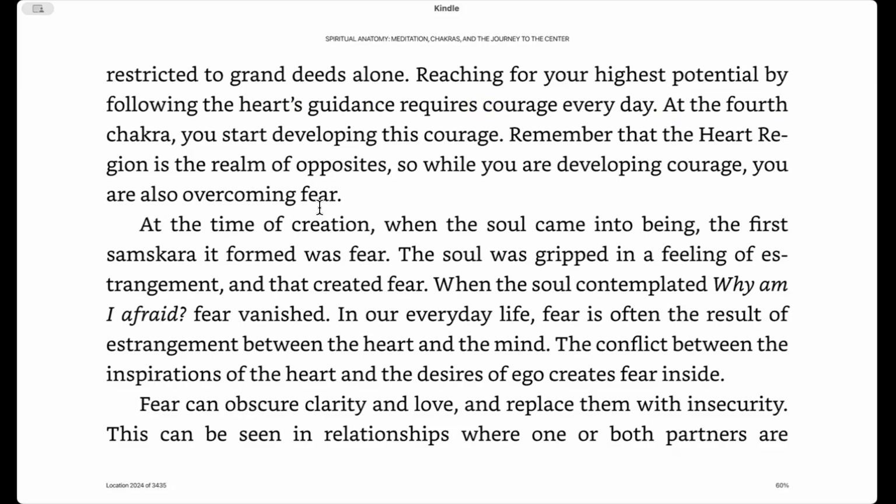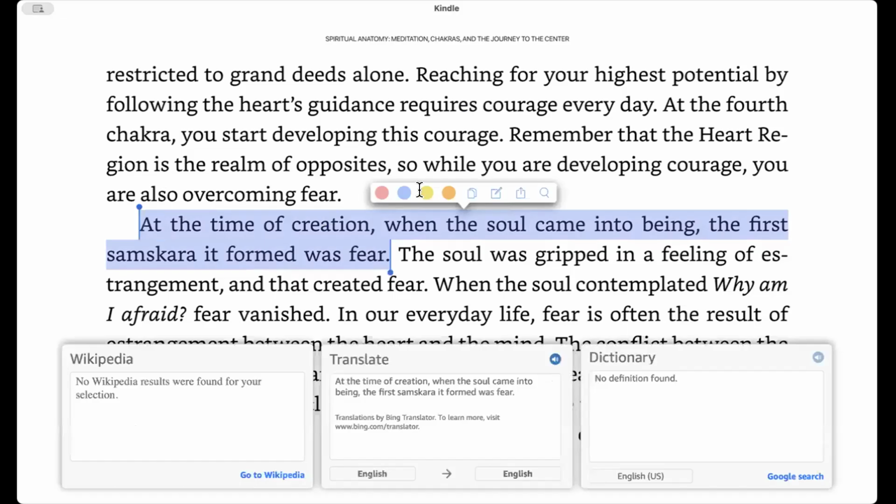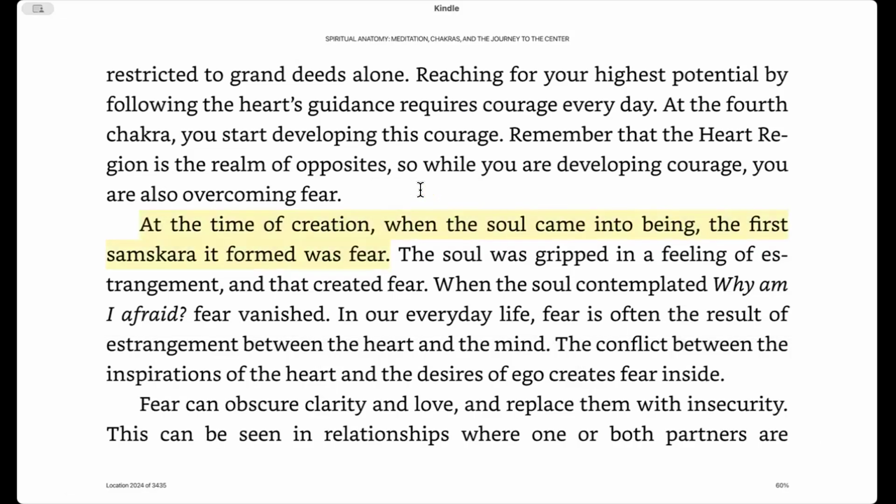At the time of creation, when the soul began, this is an interesting thing we should try to understand. At the time of creation, when the soul came into being, the first samskara it formed was fear. The first impression of the soul, at the beginning, is about when the first mind came into being. If you read Lalaji, he talks about it.